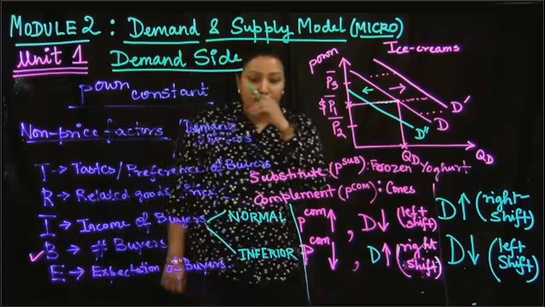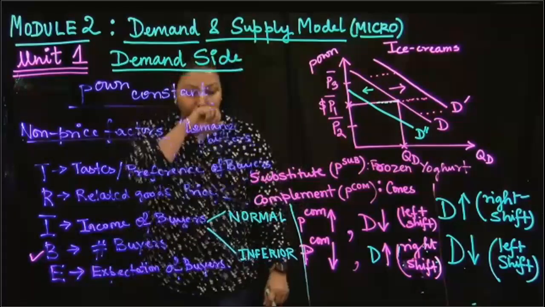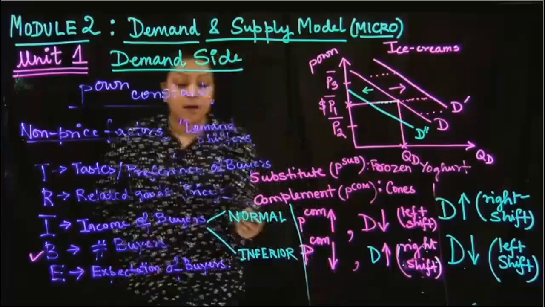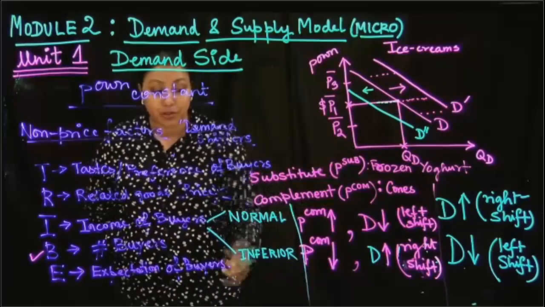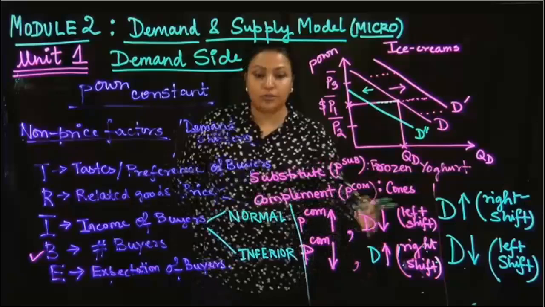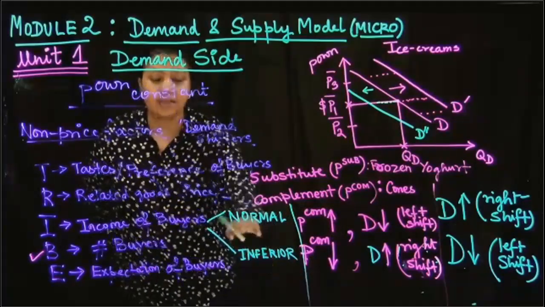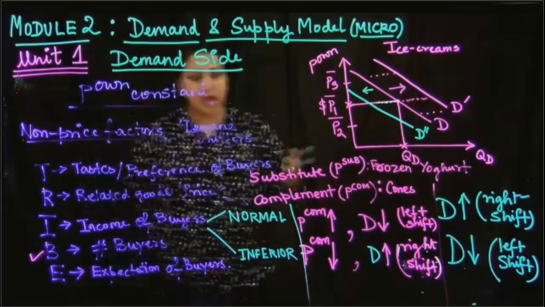So for the normal goods, you would see a direct relationship between income and demand. As income goes up, the demand goes up, so there's a right shift. As income goes down, the demand goes down, so there is a left shift.